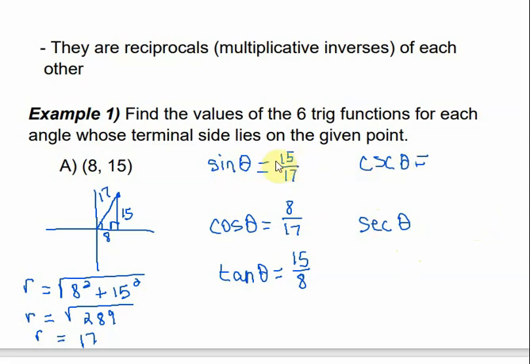Okay, so cosecant is the reciprocal of sine, so all we have to do is take the sine of theta and flip it. So that would be 17 over 15. Secant is the reciprocal of cosine, which is 17 over 8. And then cotangent of theta is 8 over 15. And those are our 6 trig functions.